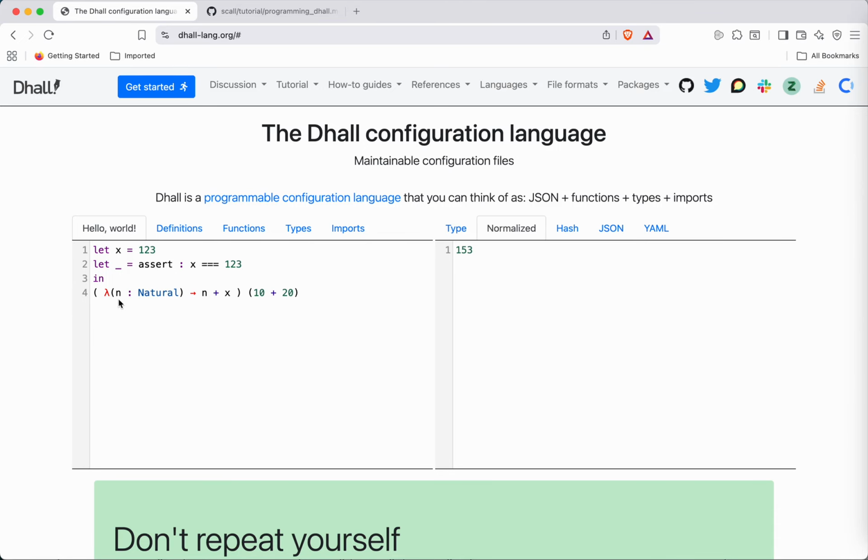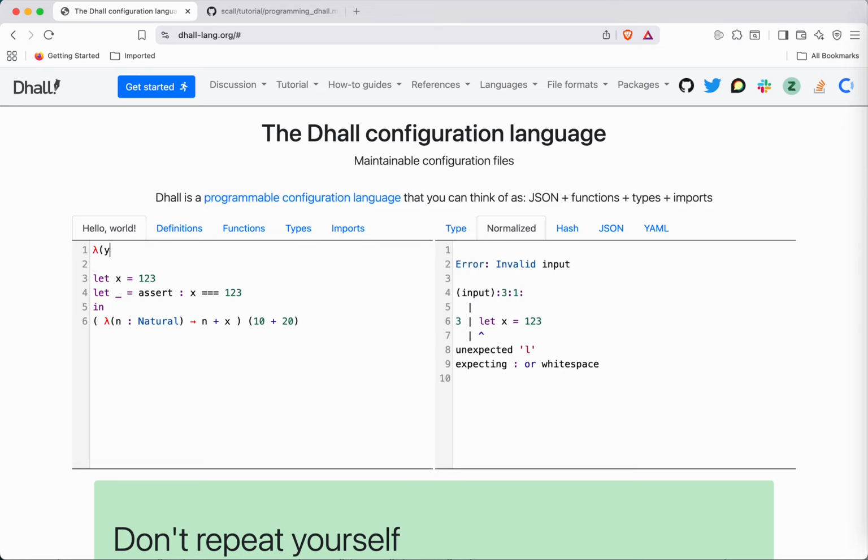And this expression could be itself a lambda. So let me write an example. So now the normal form of this is this lambda. And I can put m in here, for example.